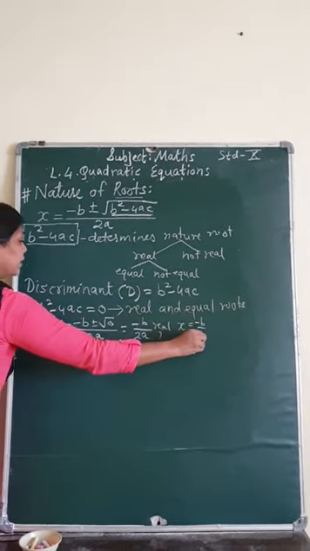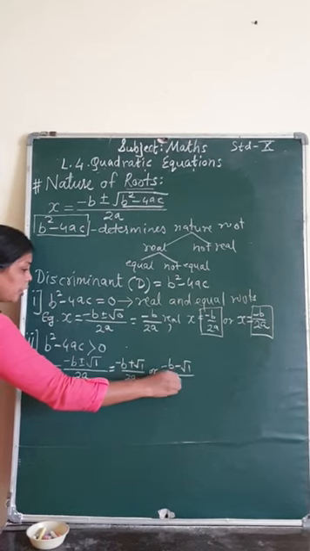Next case, when we have b square minus 4ac greater than 0. When it is greater than 0, let's put this in the formula to find the roots. It means minus b plus or minus, suppose greater than 0 means we will take 1, upon 2a. That gives us minus b plus root 1 upon 2a, or minus b minus root 1 upon 2a.